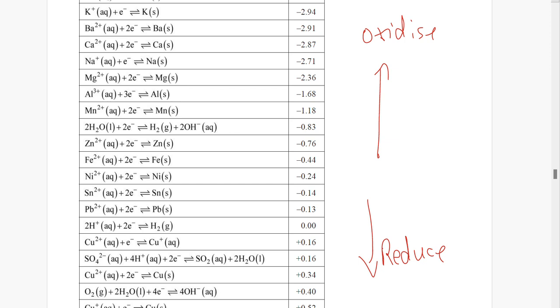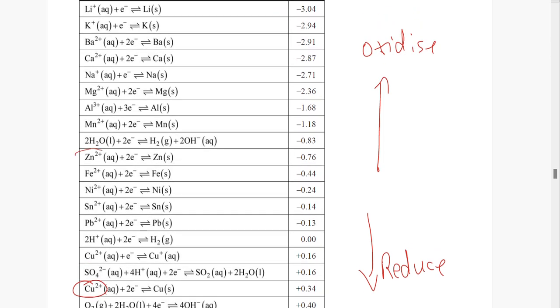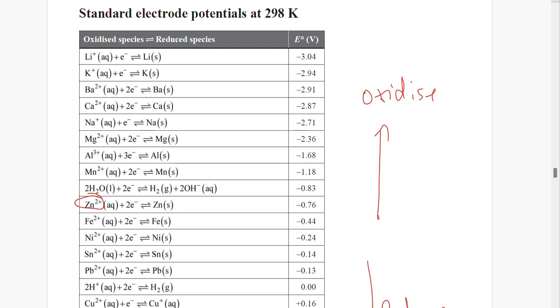So we had copper, we had silver, which was down a little bit more here, and we had zinc. Now magnesium, so we can draw a line here and here. So we know what we're looking for, R is somewhere in between here.